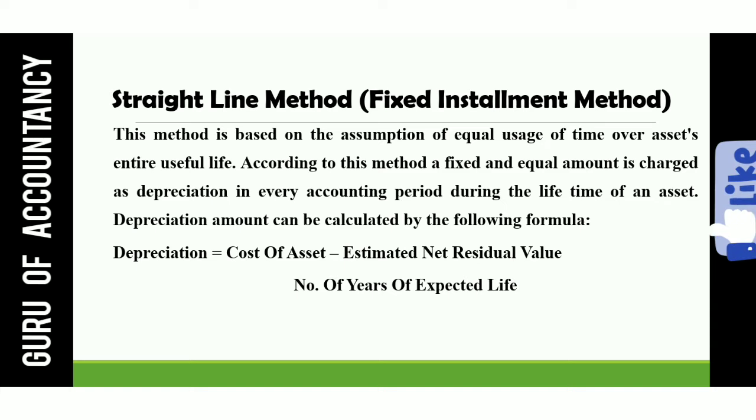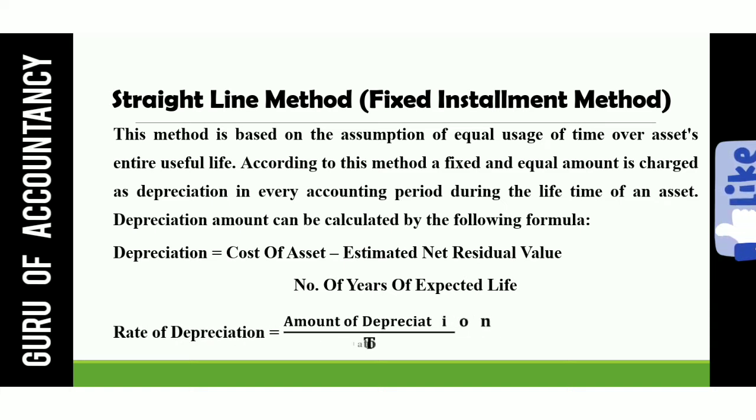It is also known as equal installment method. In this method, if you want to find the rate of depreciation, then amount of depreciation is divided by the total cost of assets and multiplied by 100, so you will get the rate of depreciation.